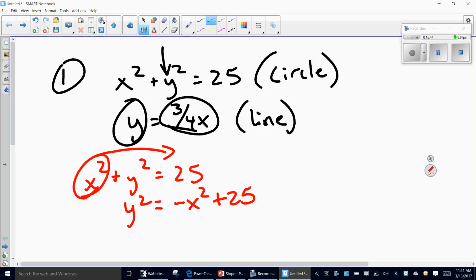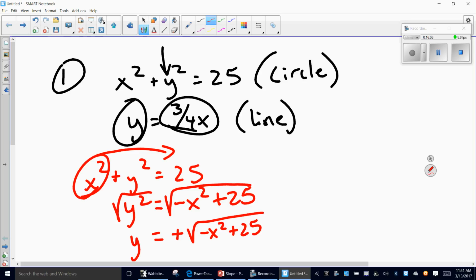What's the opposite of squaring? I'm going to take the square root. And if I'm solving and I take the square root on both sides, what do you think? I heard it. Good. Plus or minus. Technically, you're going to have to write two equations, and I'm going to show you. Let's just say we forget to take the plus or minus version.